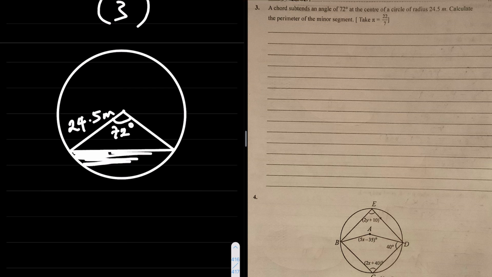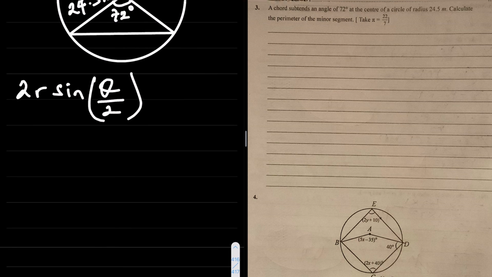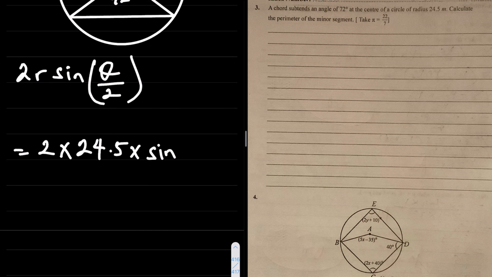And we know that the perimeter of a minor segment is given by the length of the chord plus the length of the arc. So now length of the chord is given by the formula 2r sine theta over 2. It's equal to 2 times 24.5 times sine theta over 2, which means 72 over 2, which is 36 degrees.